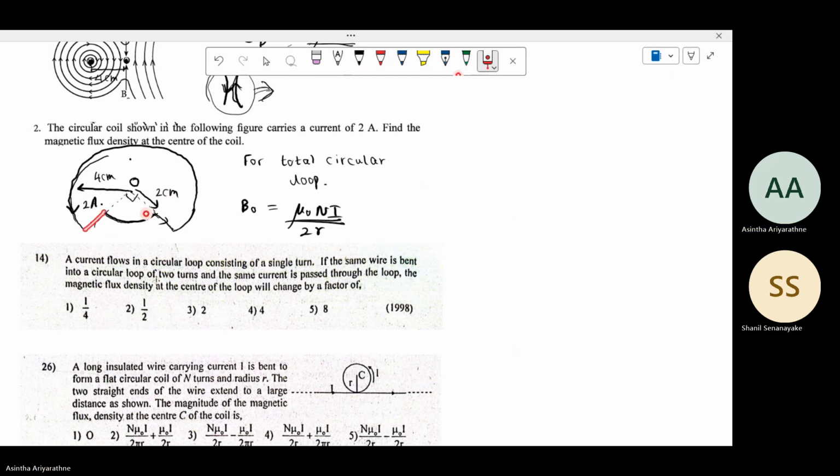So these two segments of this structure would not contribute to any magnetic field at the center. The total magnetic field at the center is due to this small arc and this bigger arc. Try to find that.